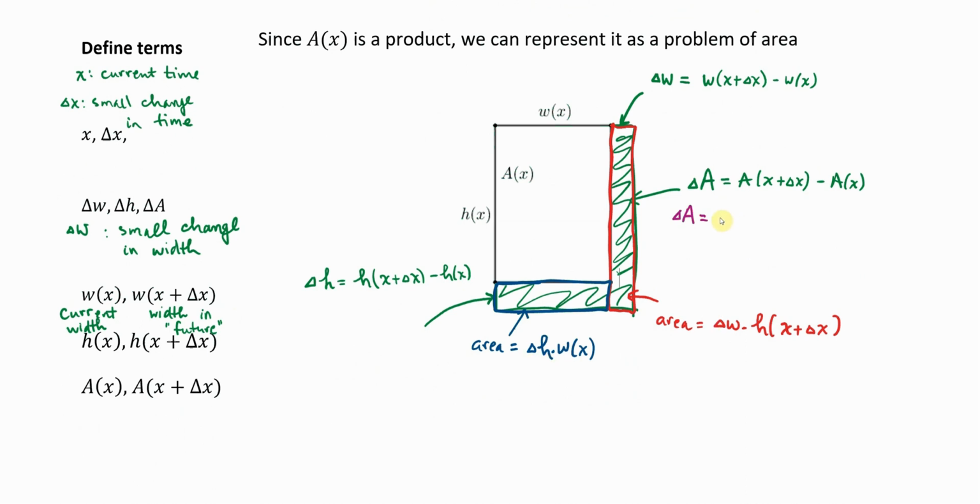I'm going to write it this way: delta H times W of x, plus delta W times H of x plus delta x. And what that tells us is that the green expression and the purple are exactly equal to each other.